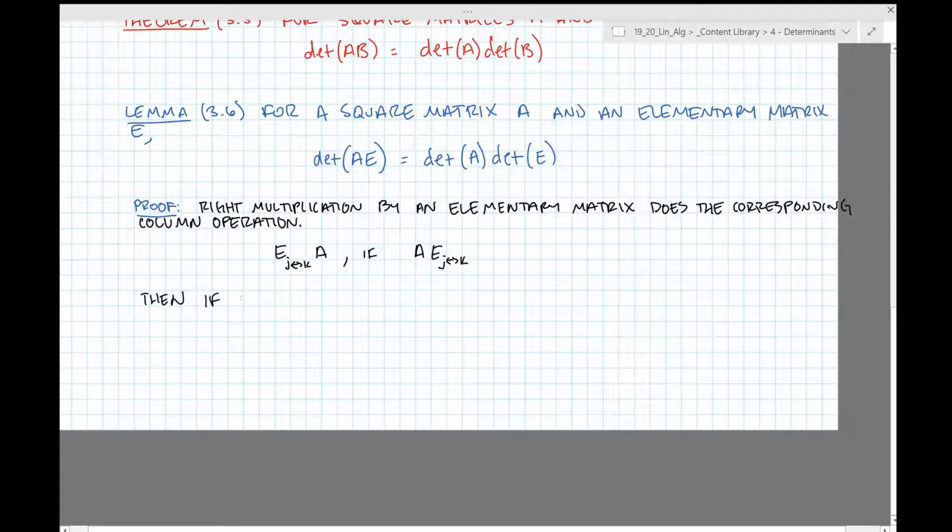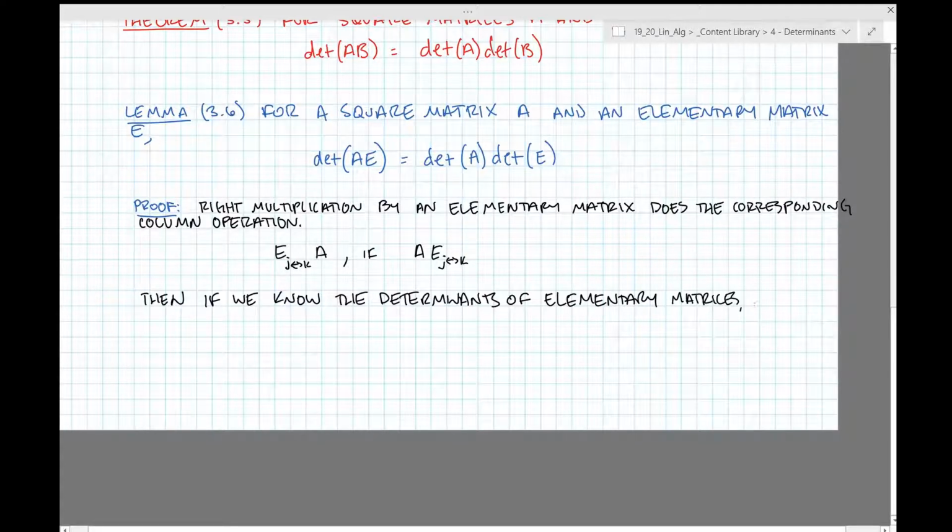Then if we know the determinants of our elementary matrices, we can verify.